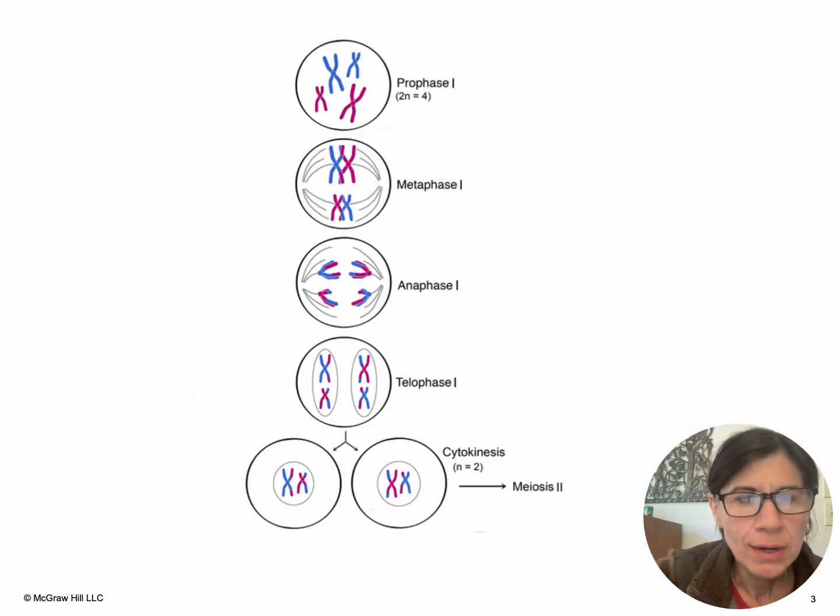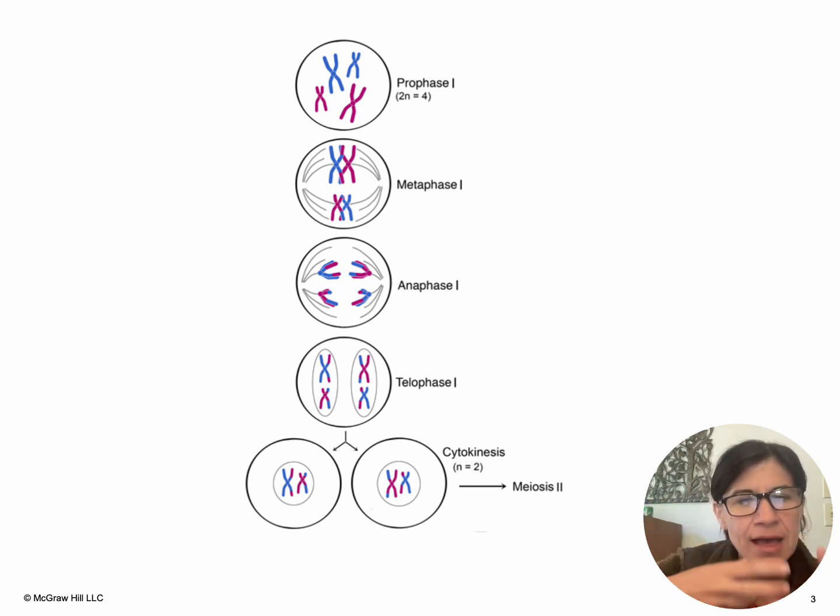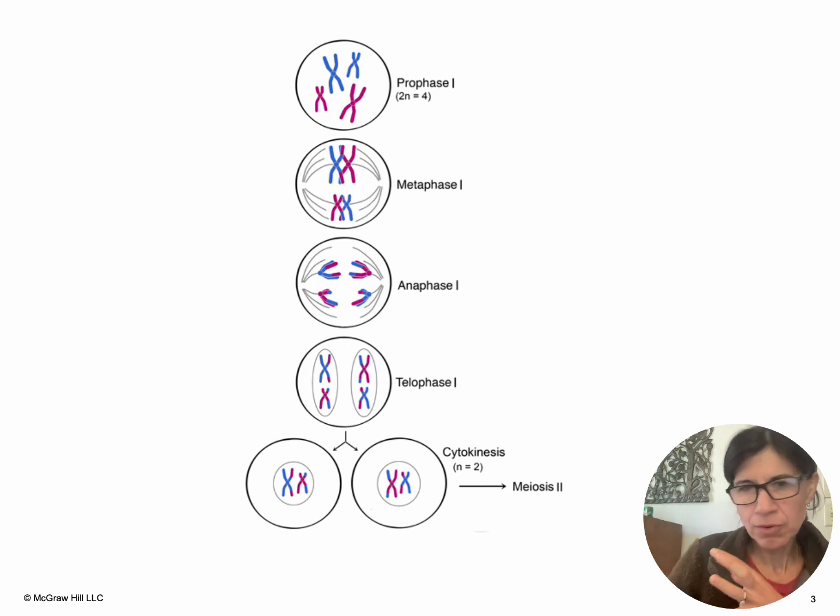I want to clarify one thing that, depending on the source that you read, may say two different things. The crossing over occurs after synapsis. When synapsis happens in prophase, the homologous pairs of chromosomes find each other. Then the exact point at which crossing over occurs can vary, sometimes happening in prophase and sometimes in metaphase.